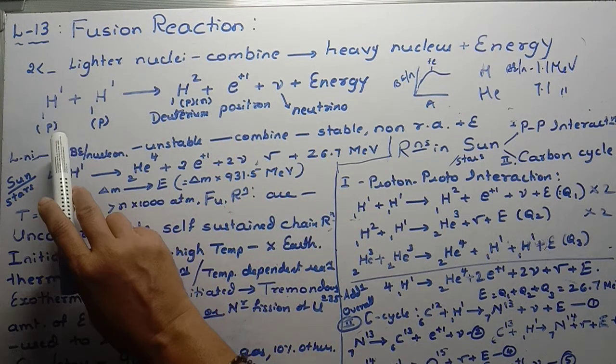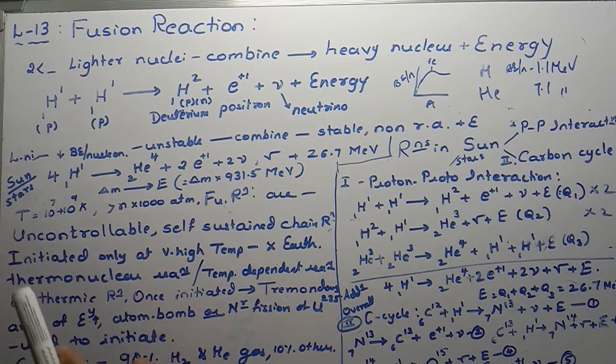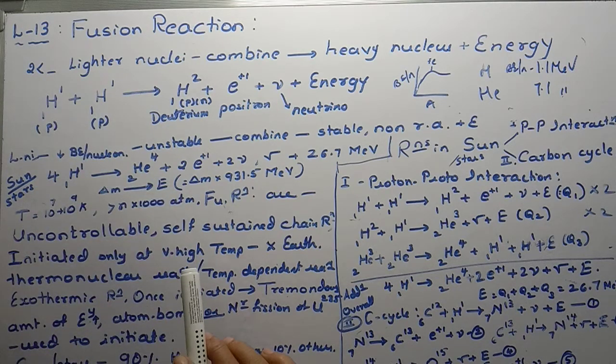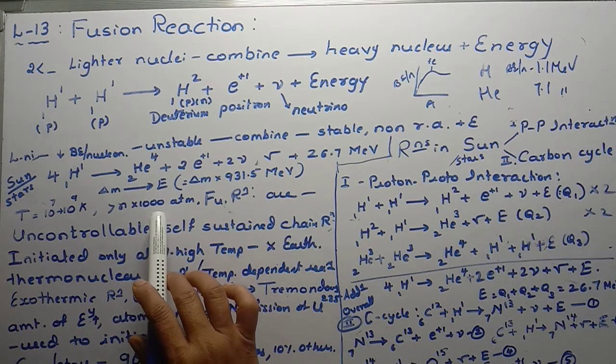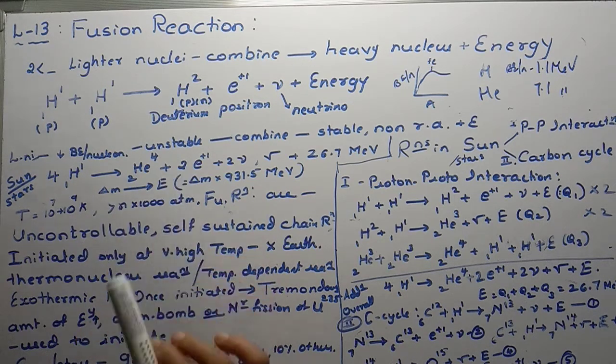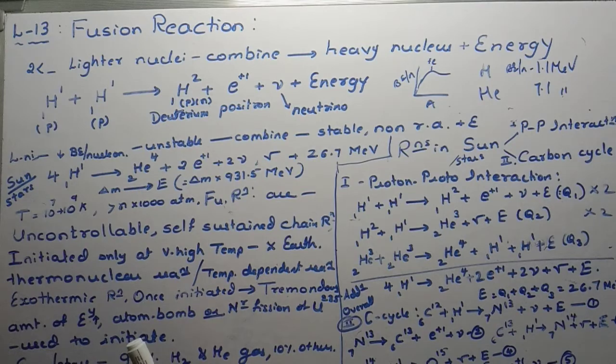So in order to make them react, a temperature of about 10 raised to 7 to 10 raised to 9 Kelvin must be maintained, and also a pressure of several thousands of atmospheres is needed to conduct the reaction between lighter elements.